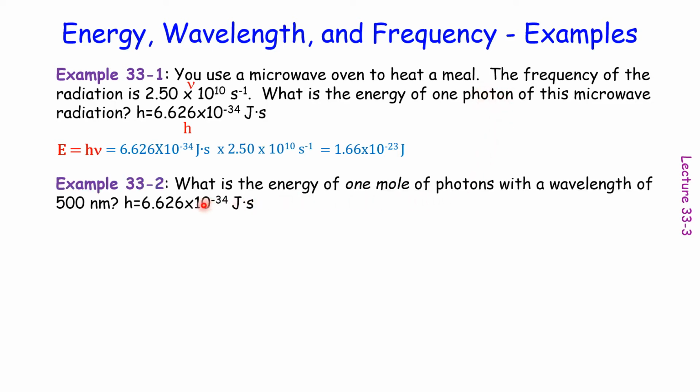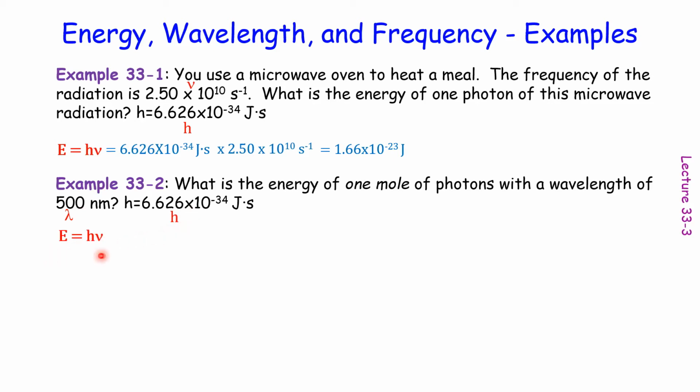Let's work on the second example. What is the energy of 1 mole of photons of radiation with a wavelength of 500 nanometers? So again, let's identify the known information. 500 nanometers is the wavelength, and h is the Planck constant.